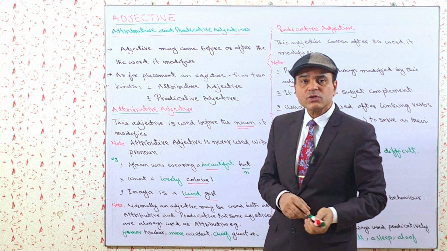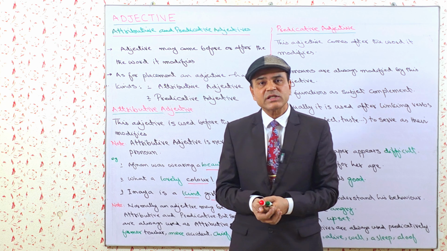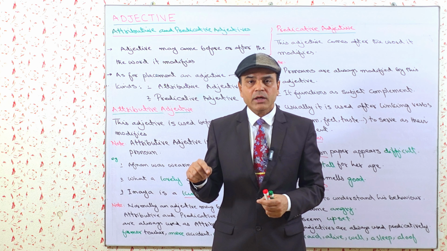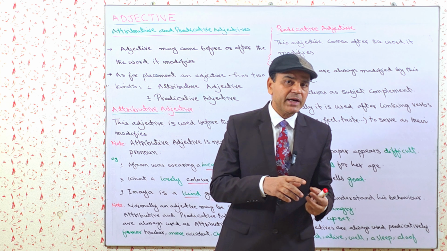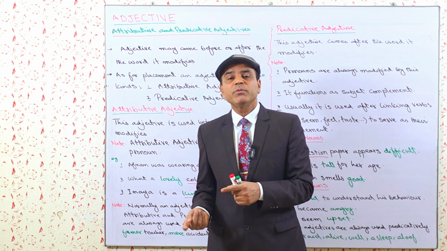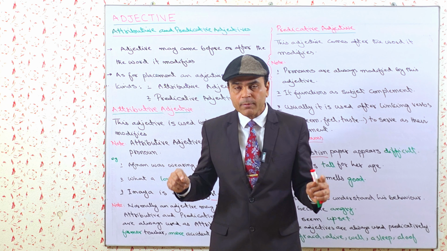So the summary of all this is that as far as the placement of adjective is concerned, it is divided into two parts: attributive adjective and predicative adjective. Attributive adjective always comes before the noun it qualifies, and it is never used with a pronoun.